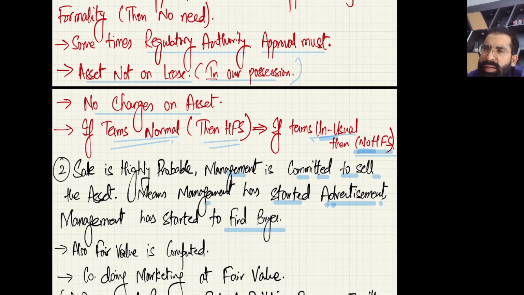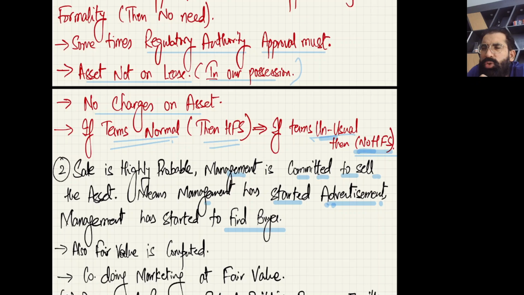India, but I'm saying that I will only sell this property if the buyer comes and meets me in UAE, or if the buyer comes and meets me in America, United States. So this is an abnormal condition. Or if I'm saying I will only sell if the buyer will pay me in the United States, or I'm saying that I'm going to sell this asset A, but I will only sell this asset A if you buy 3 more assets from me.